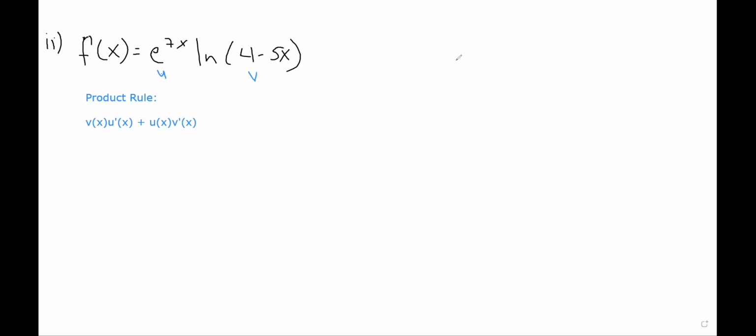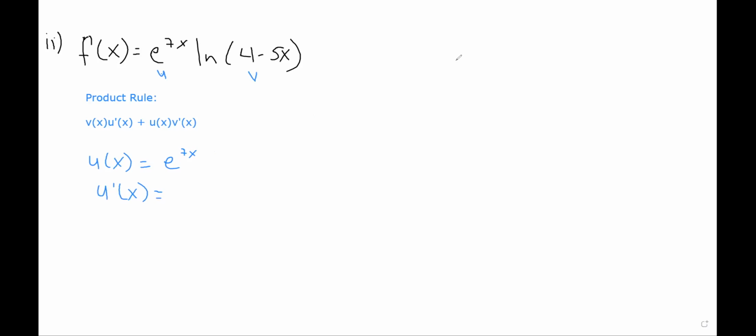So since our u of x is equal to e raised to the power of 7x, our u prime is going to be equal to, all right, so this is the e now, right? Remember what we said about e functions?